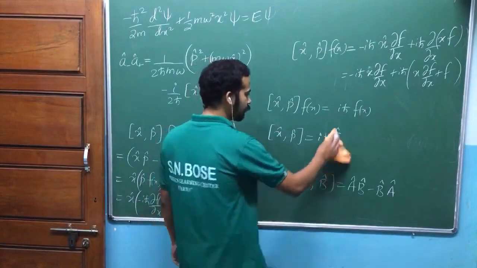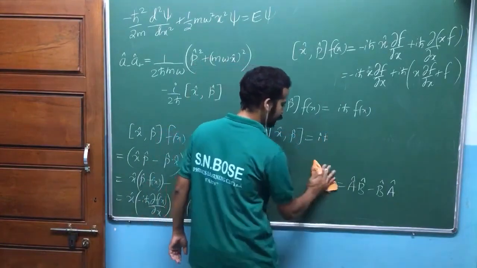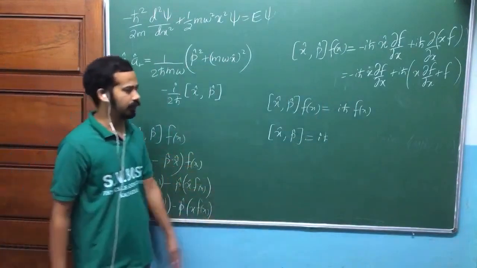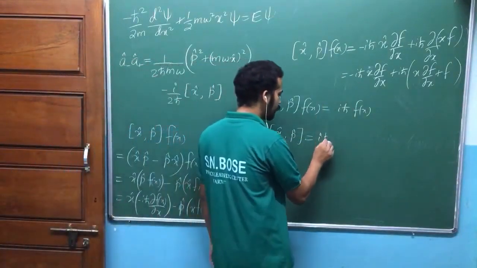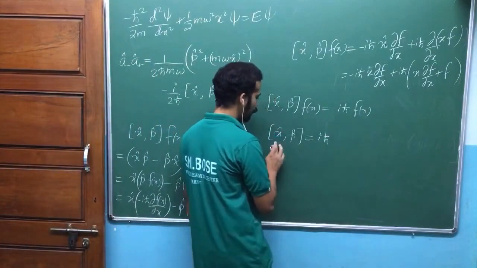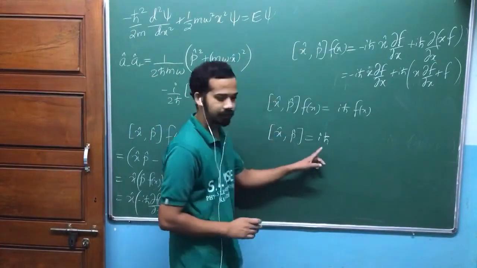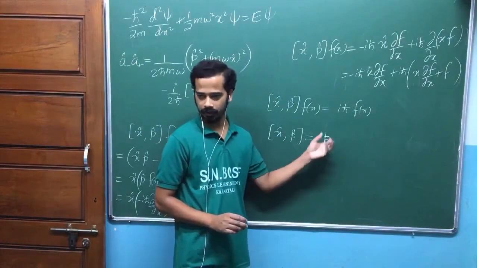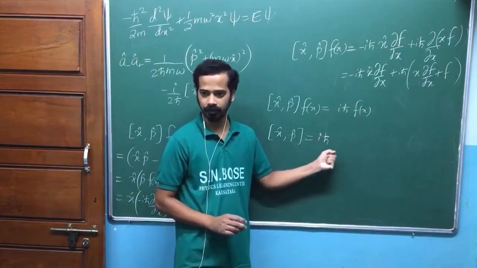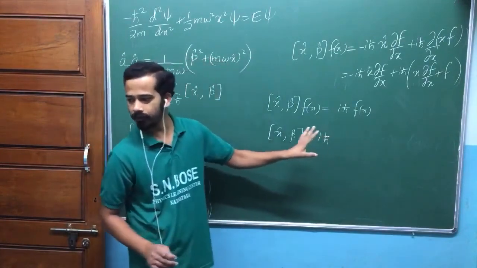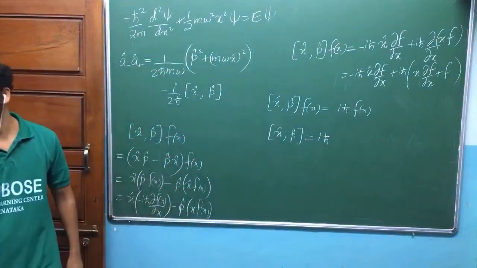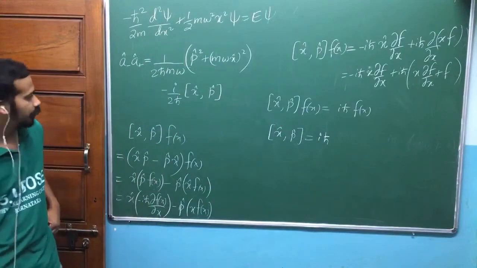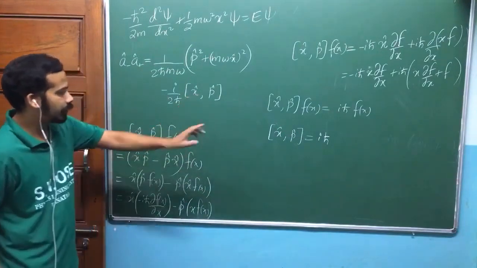But what we write, we simply write it like this. In the linear algebra sense it is a little wrong. Why? How can a multiplication of two operators be a scalar? i is a scalar, h bar is a scalar. Am I right? It should be a kind of operator. That's the identity operator, but we will not write it usually. So in place of [x cap, p cap], we can write i h bar.